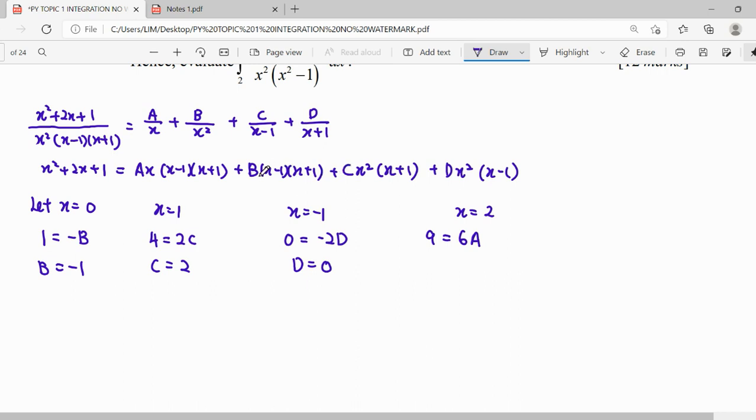Then b we have already, so we substitute our value, -1, times 1 times 2 plus 1, 3. C is 2, and then 2 squared times 3. D is 0. So next, what do we have here?